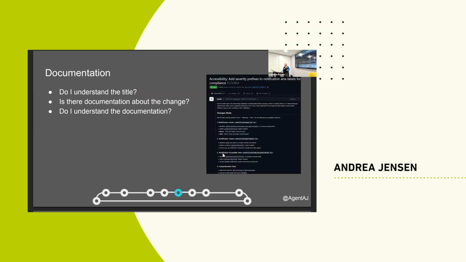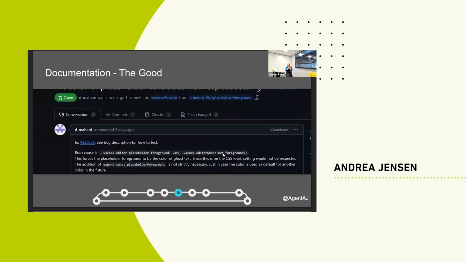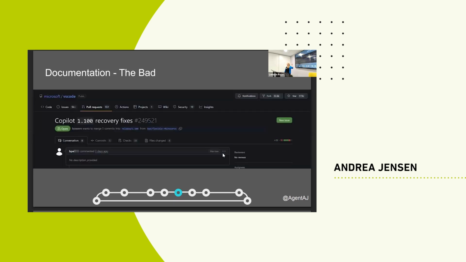And sometimes we cannot talk directly to our developers about the documentation. Here you see a good example, a documentation with a reference to the problem, which explains why and what was fixed. And that's really nice, but sometimes you look at this: not bad documentation, literally no documentation. And then it gets interesting.